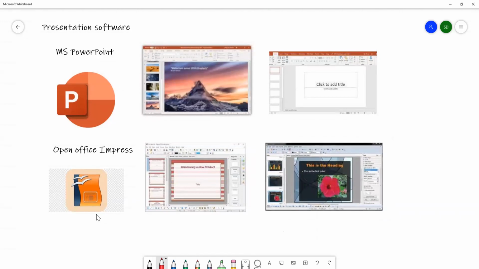Not all the features are available. So one presentation software is MS PowerPoint, and then we can have OpenOffice Impress. Malindu said Corel Presentations, yes. Yonal said Google, right, yes. We can make use of those.